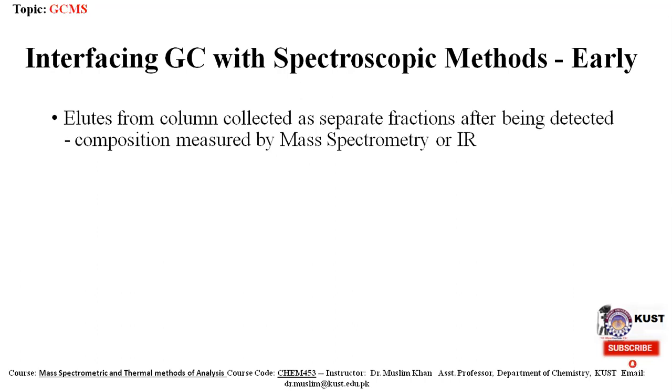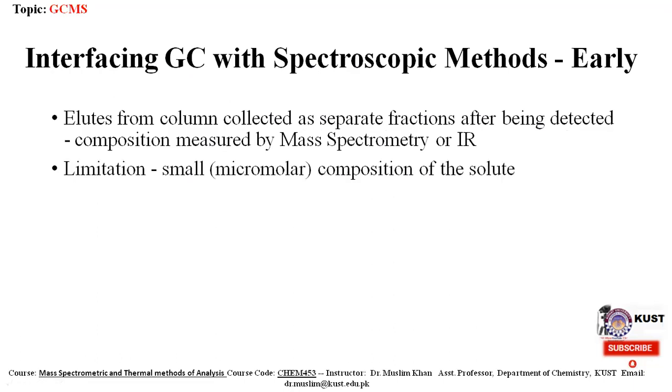So the eluents coming from the column were collected as a separate fraction, and after collection, they were detected by mass spectrometry or IR. It was very difficult to connect these two techniques, so this was called offline collection of the different fractions, which were then analyzed by mass spectrometry or IR.